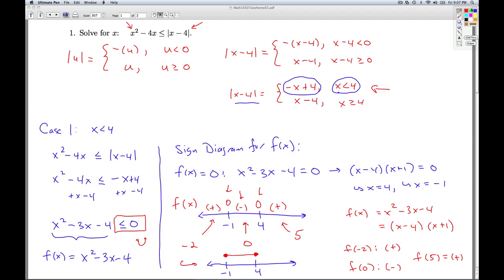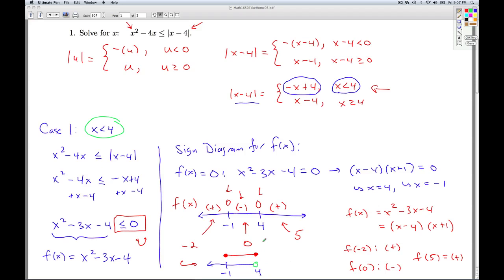But now I have to go back and be cognizant of what case I'm in. The case I'm in, I'm looking at x strictly less than 4. So the only part of the number line I care about is things to the left of 4. So I don't care about anything over here. I just want the part of the answer that lies on this part of the number line.